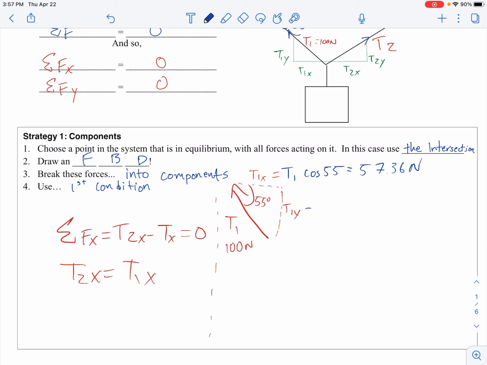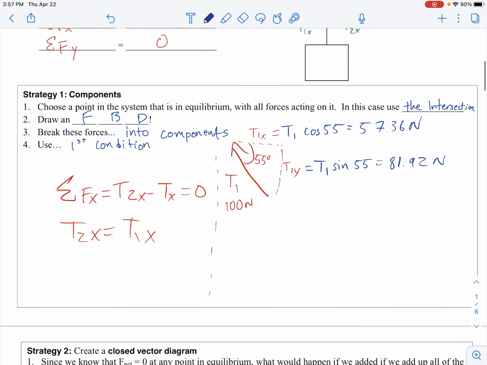We can do the same thing for T1y. In this case, our y component of this force is the opposite side, so T1 sine 55, plug that in, and we get about 81.92 newtons. Each of the x components is approximately 57.36 newtons. If we were calculating the other side, we would get that too.